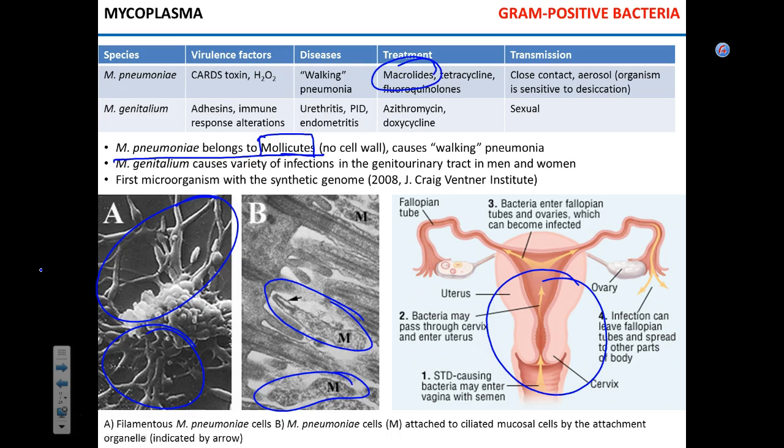Moreover, Mycoplasma gets all the way through the fallopian tubes and gets out of the ampulla of the fallopian tubes into the peritoneal cavity. It can cause inflammation of the peritoneum. So now we have involvement of the fallopian tubes, uterus, and peritoneum all together. This is called pelvic inflammatory disease.